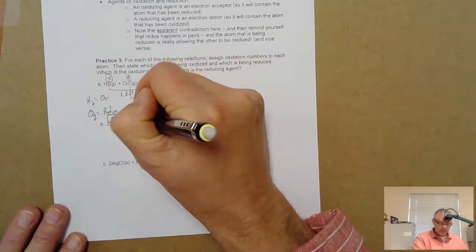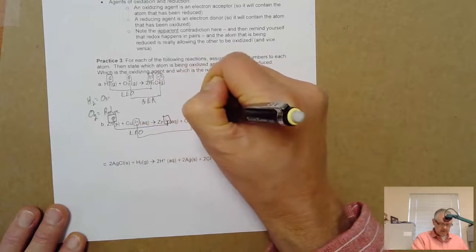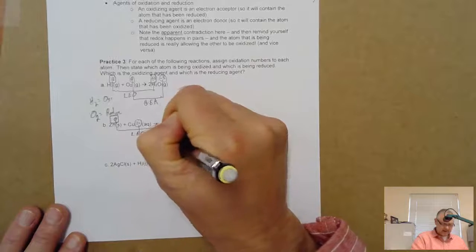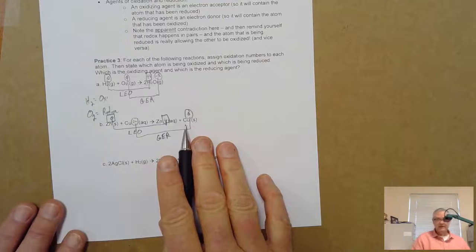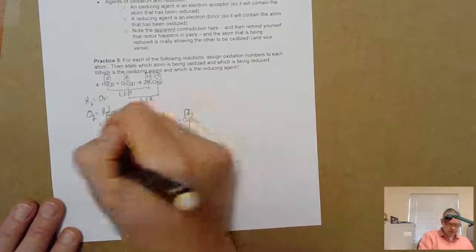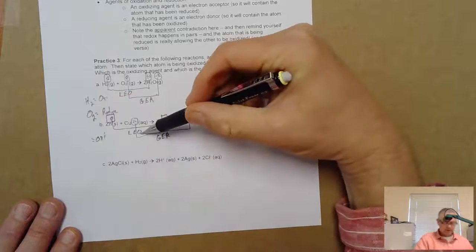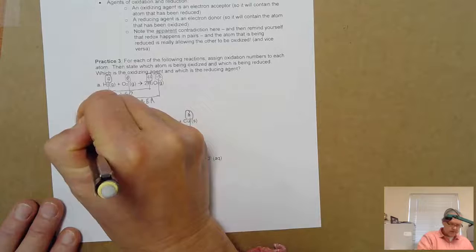And then I'm going to go from a +2 over to a 0. So I had to gain electrons in order to go from a +2 to a 0 oxidation state.